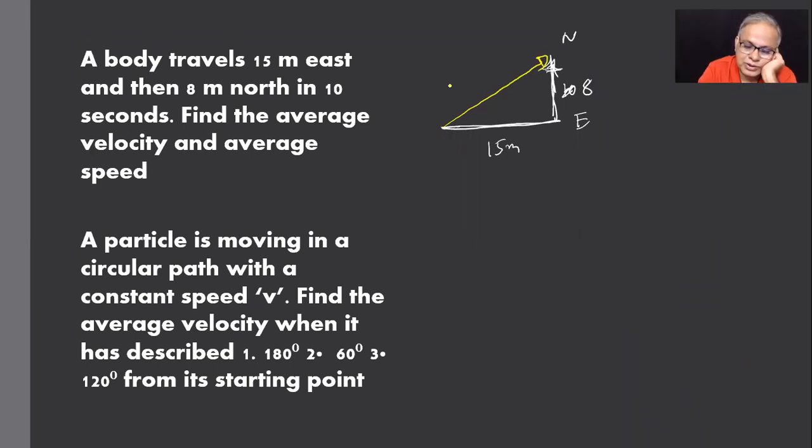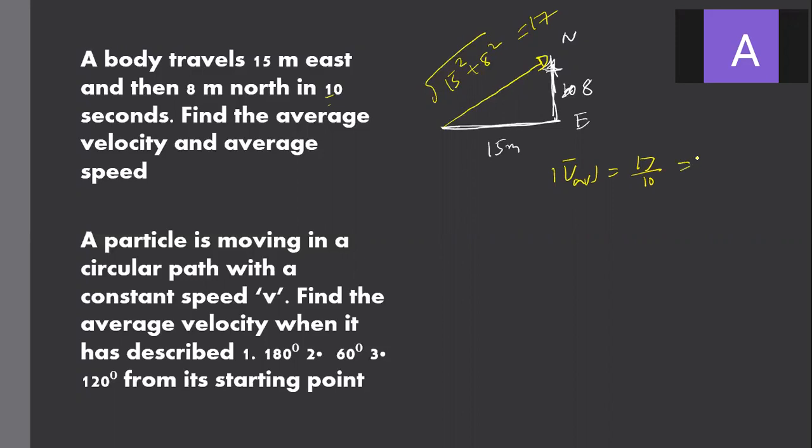Pythagoras theorem tells you this is the square root of 15 squared plus 8 squared. Now, how much is this? 17. So the magnitude of average velocity will be 17 divided by 10 seconds, 1.7 meter per second.